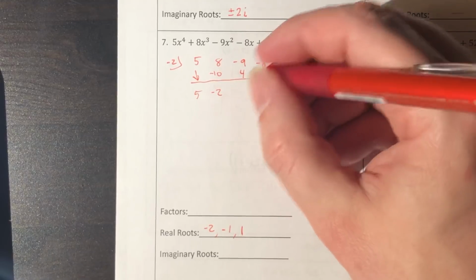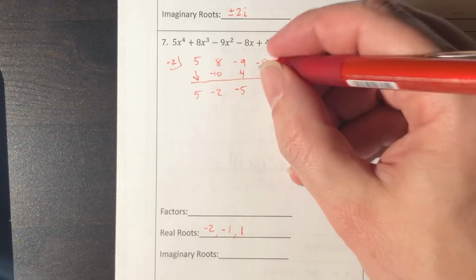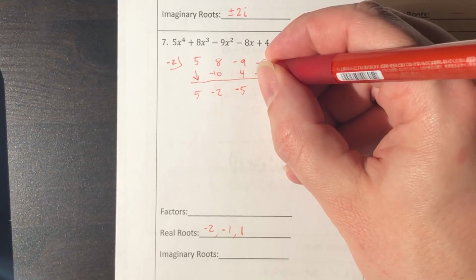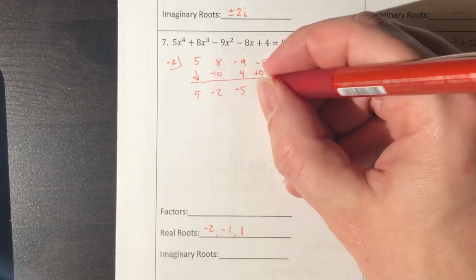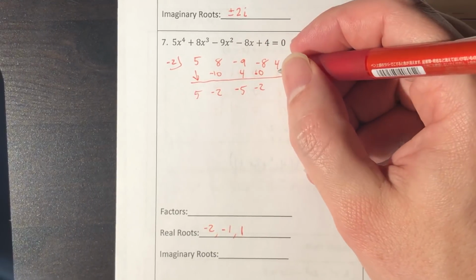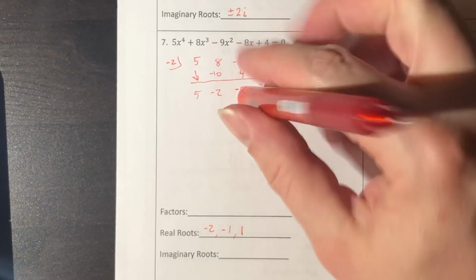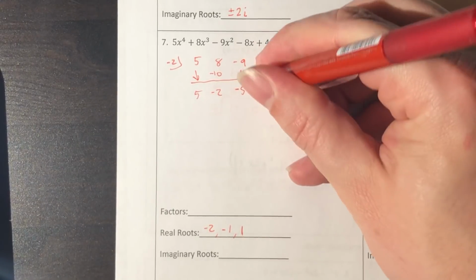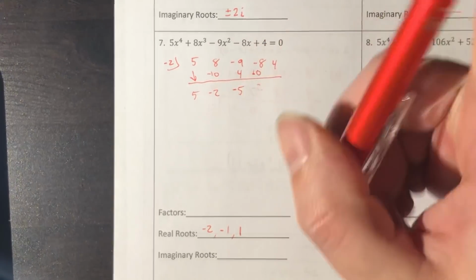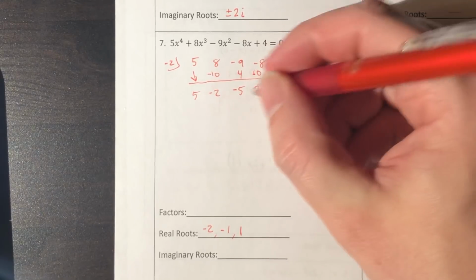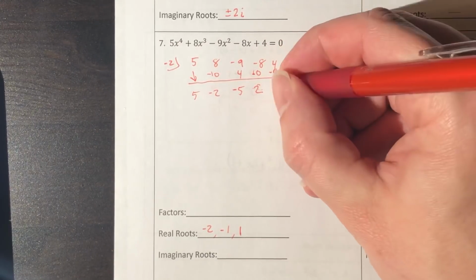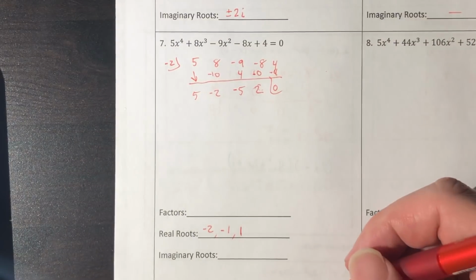Times -2 gives me +4. Add that, it gives me -5. Which gives me +10. Which gives me +2. It's going to give me -4 there, so I have the remainder of 0.